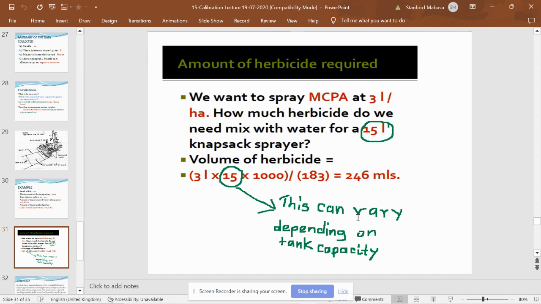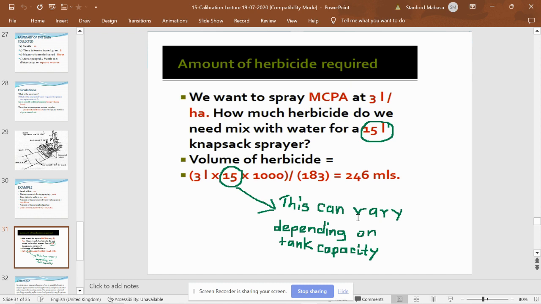So the volume of the herbicide will be 3 liters times 15 times 1000 divided by 183, which comes to 246 milliliters, the amount of MCPA which we are going to measure and put into our knapsack sprayer.